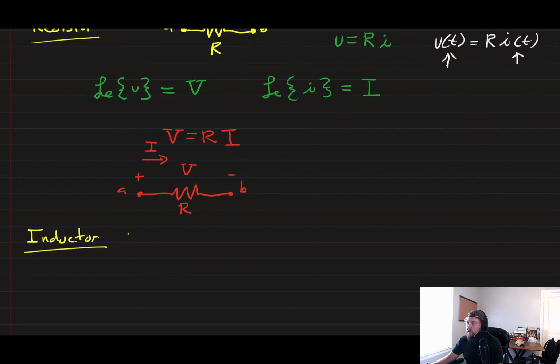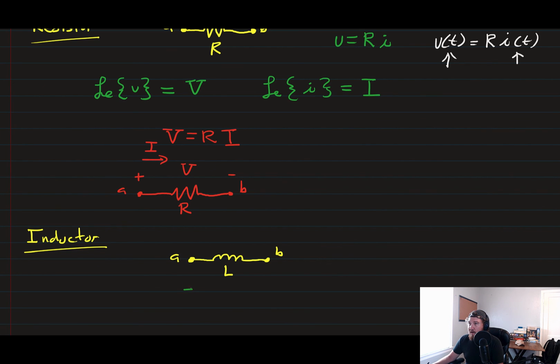The inductor. So just like before, we have our circuit model for a time domain inductor. We've got a terminal A. We've got our inductor schematic symbol, and we have a terminal B. And there's some inductance that we'll denote as L for that inductor.